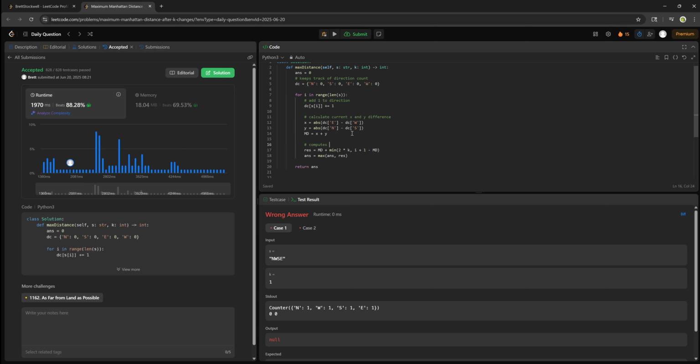Computes distance from changing directions.